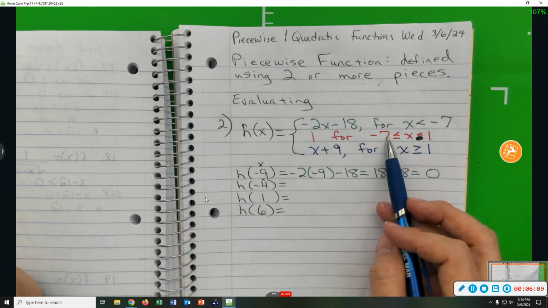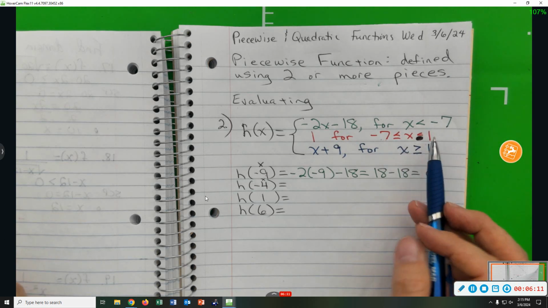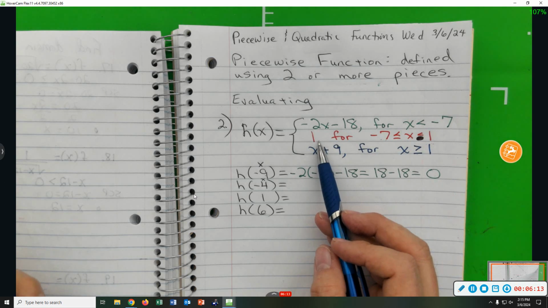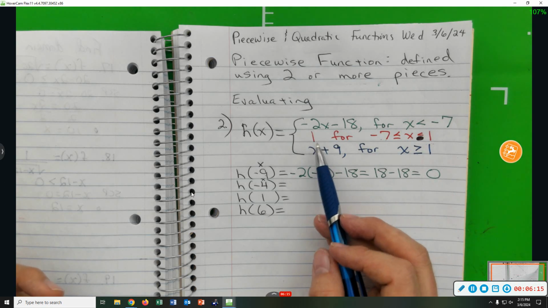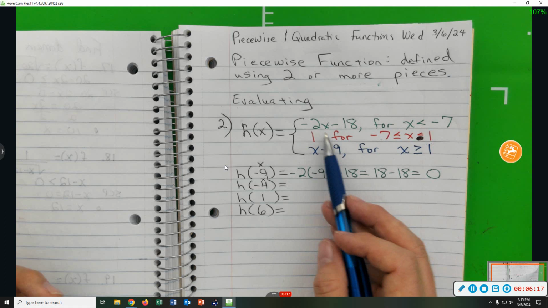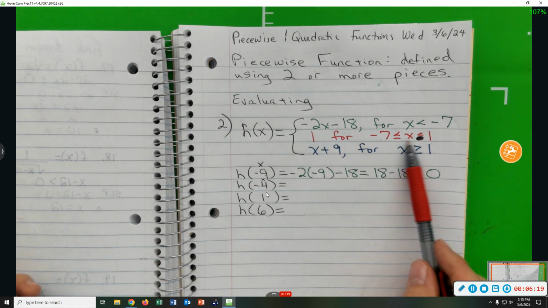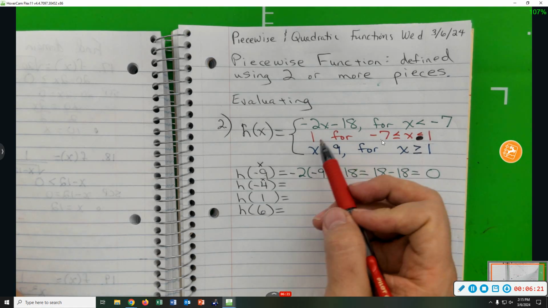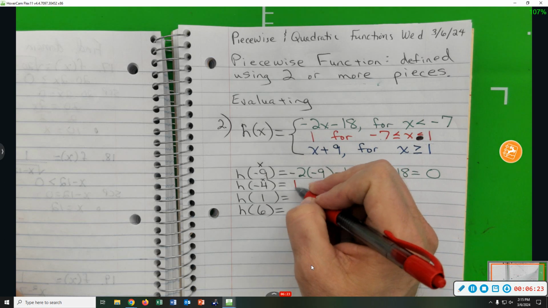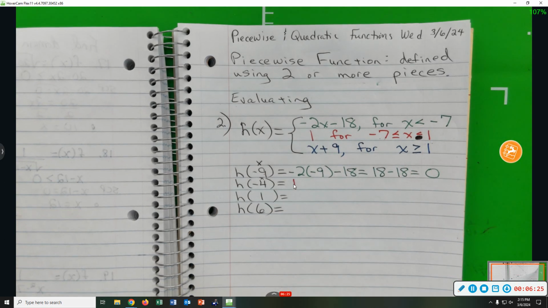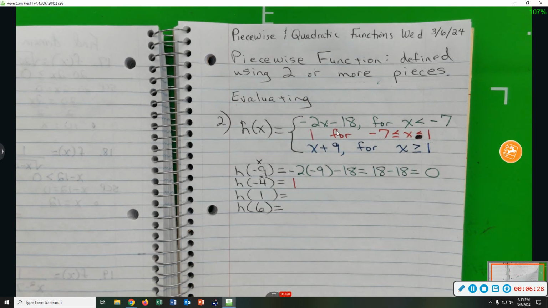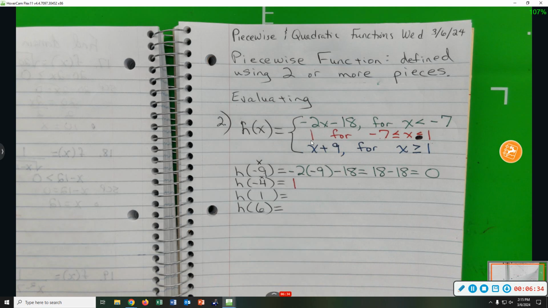Negative 4 is between negative 7 and positive 1. Hey, look over here. There's no x to plug into for the red piece. That piece is constant. Whatever x value you use, the y value is just a constant 1. Any questions on my logic there? This little red piece is called a constant function. There is nothing to plug the x into.